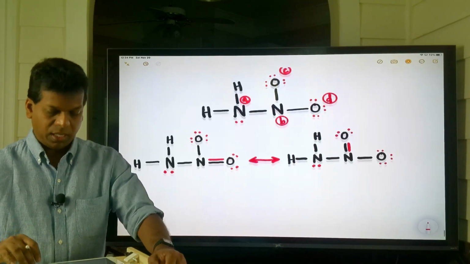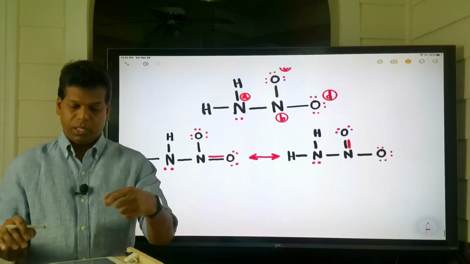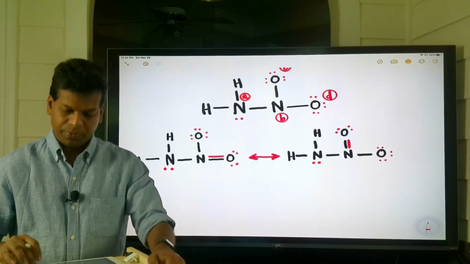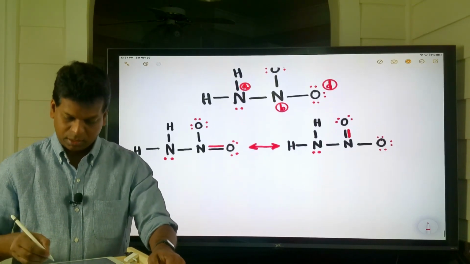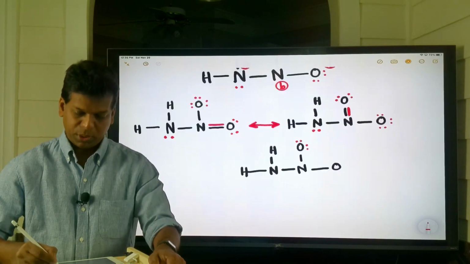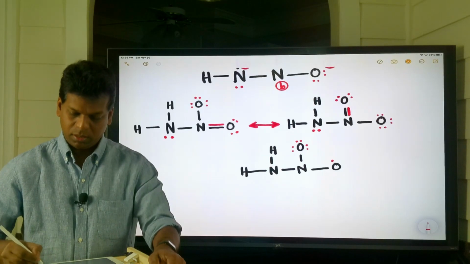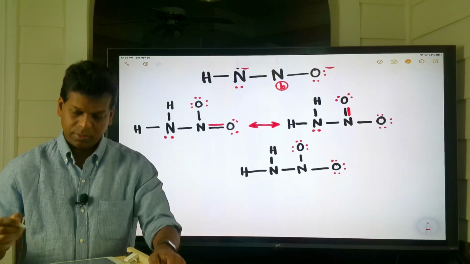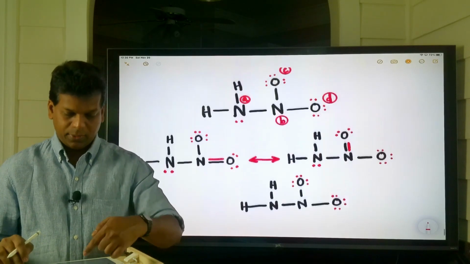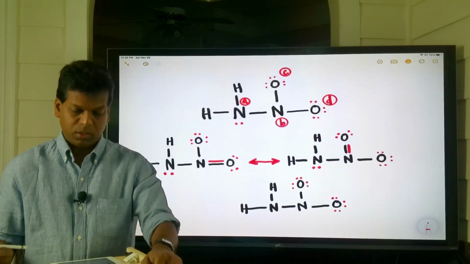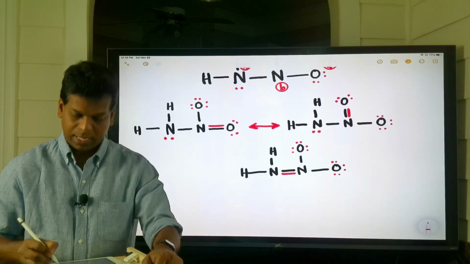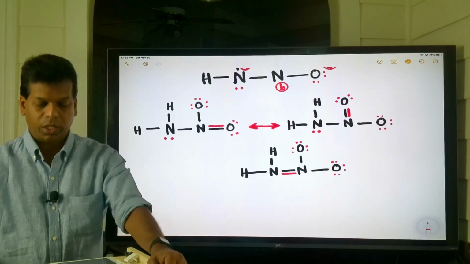What if I take that lone pair on nitrogen A and share it with nitrogen B? In that case I can create this structure. Nothing happens to these 6 on oxygen, nothing happens to these 6 on oxygen D. Now we take the pair of electrons on nitrogen A and share it with nitrogen B. That creates a bond between the 2 nitrogens.